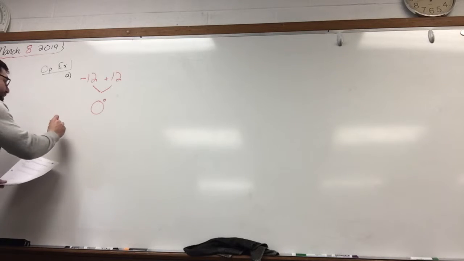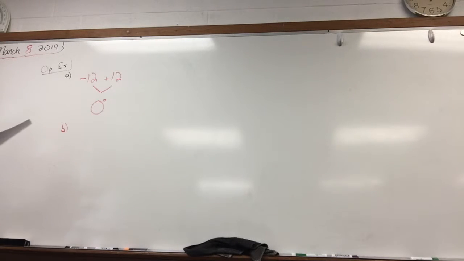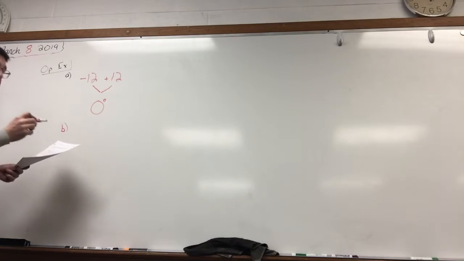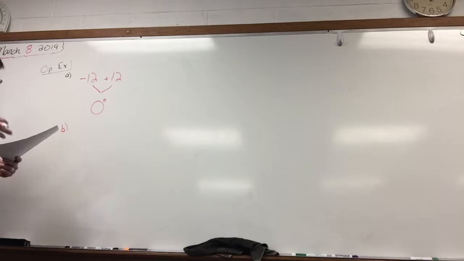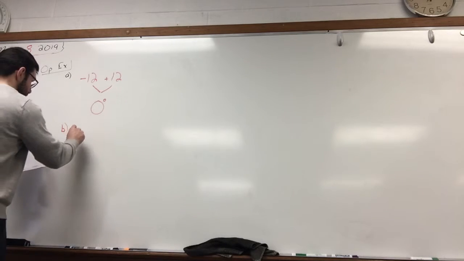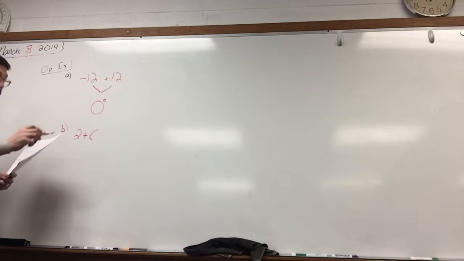Okay, letter B. Going around. Nevaeh, it says rewrite the subtraction as adding the inverse for the following problem. So, it says 2 minus 2. How would I write 2 minus 2 as an addition problem? 2 plus negative 2. Good.